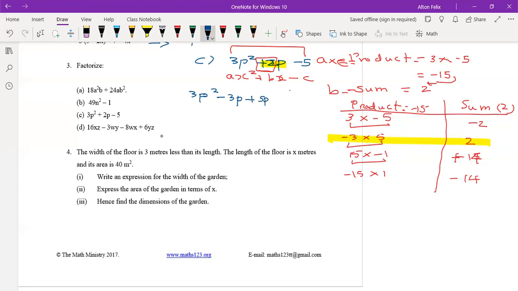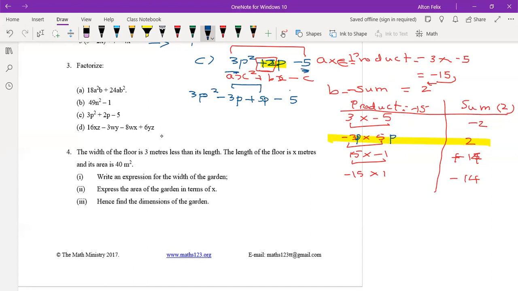What you're basically doing is thinking of these two numbers and using the variable p alongside them to work out this step. And of course, you rewrite your minus 5, the rest of the problem. When you add these two, your sum is plus 2p.